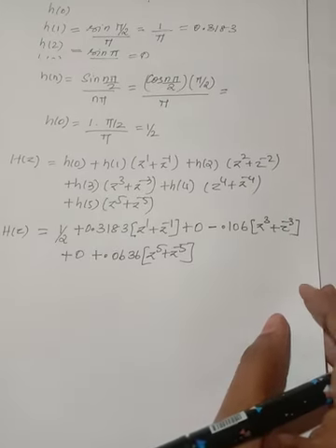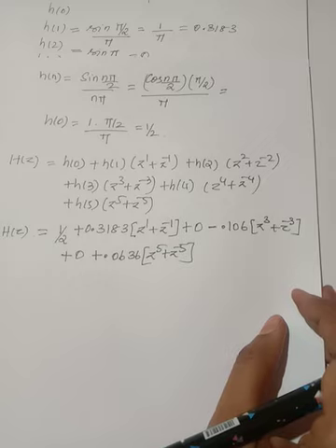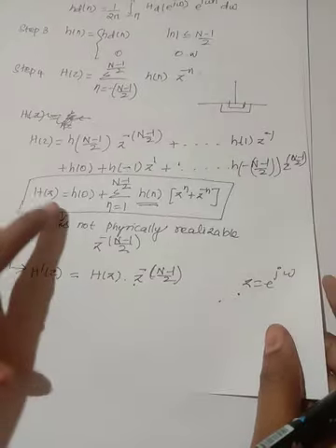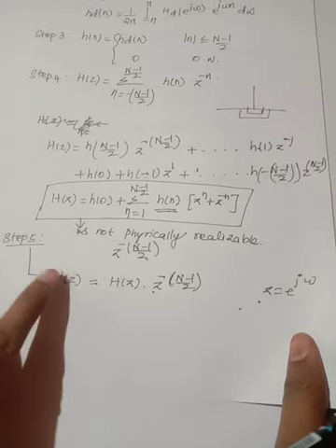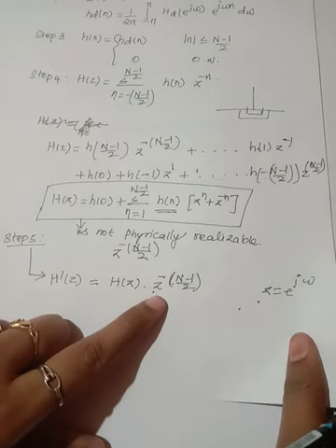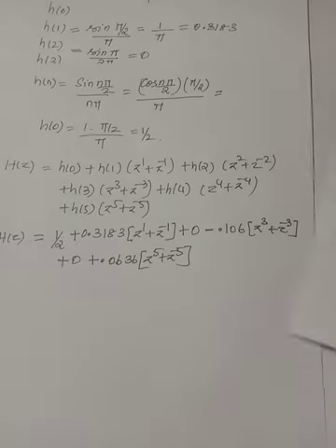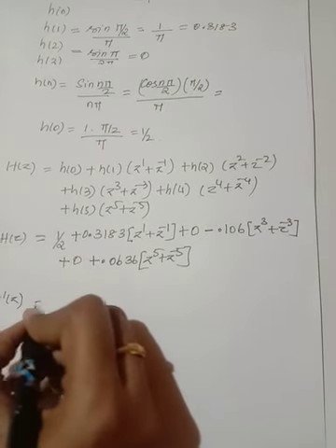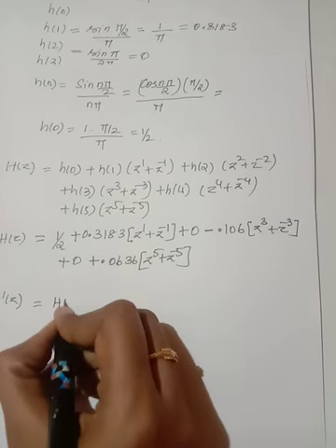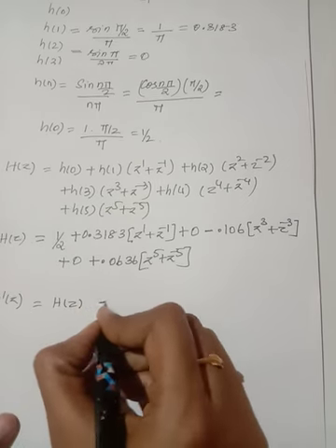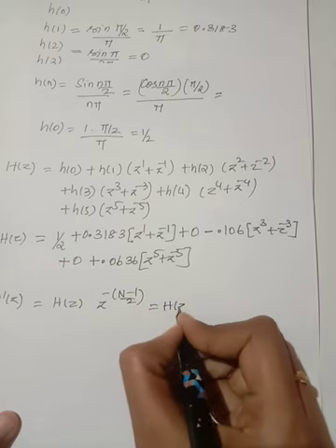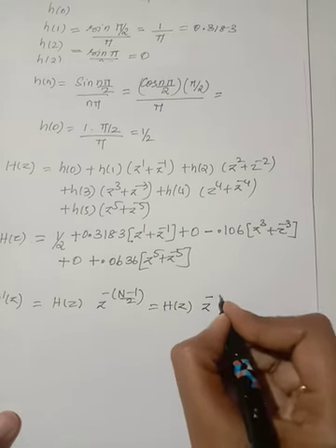According to this algorithm, what is the procedure? Now this is not physically realizable. We need to multiply with z power minus (n minus 1) by 2. So here I am going to find h dash of z, where h dash of z is equal to h of z into z power minus (n minus 1) by 2, which is nothing but h of z into z power minus 5.